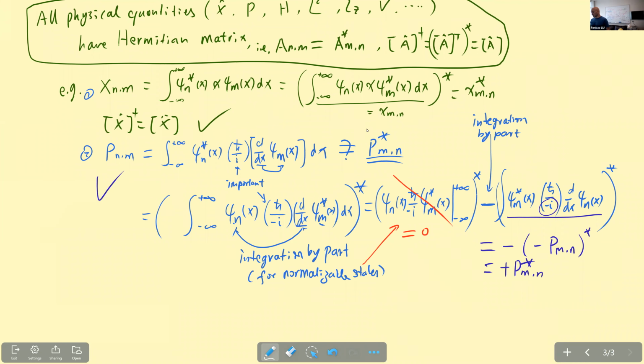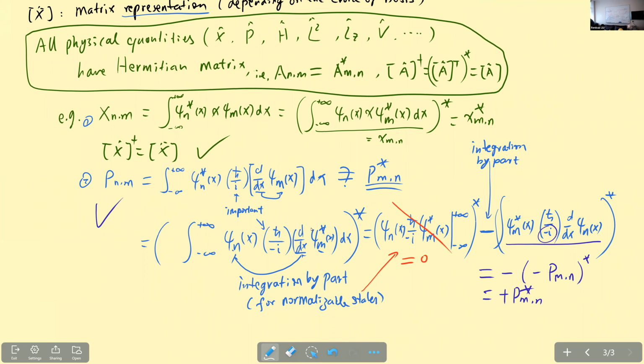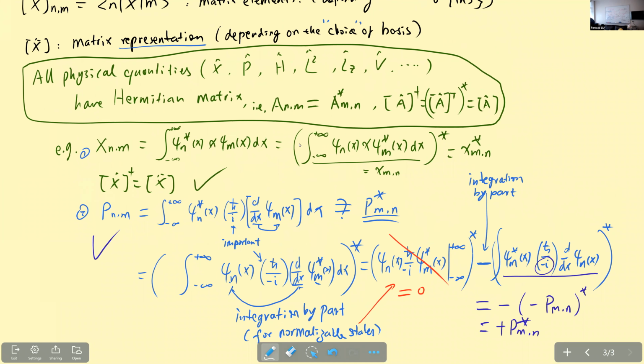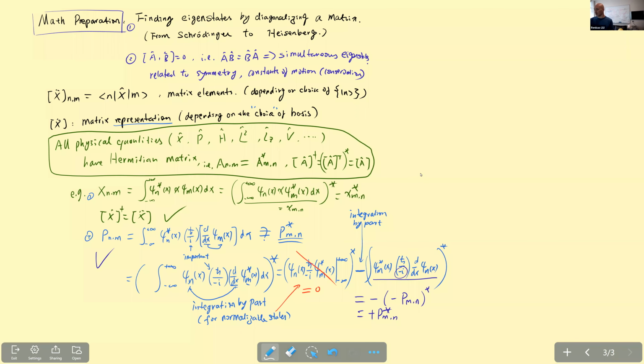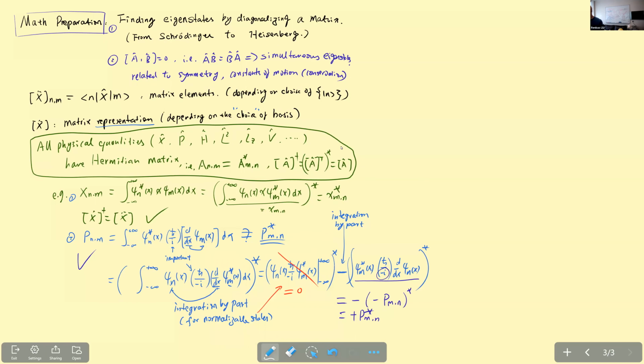All right. So now this is just two examples to show that the physical quantities actually are Hermitian, okay? You can show other examples by yourself, okay?